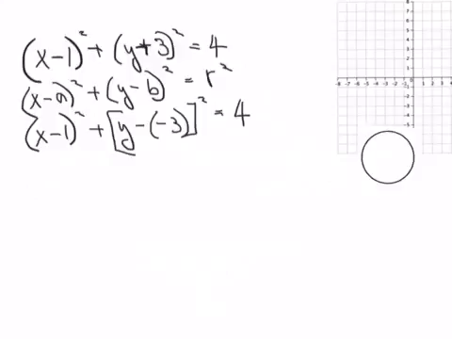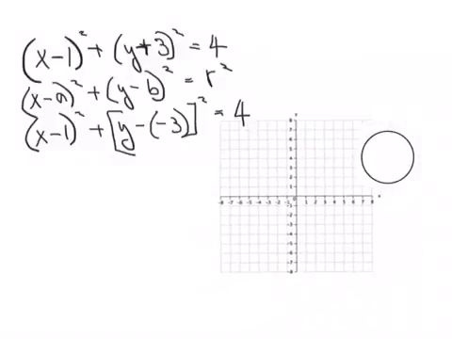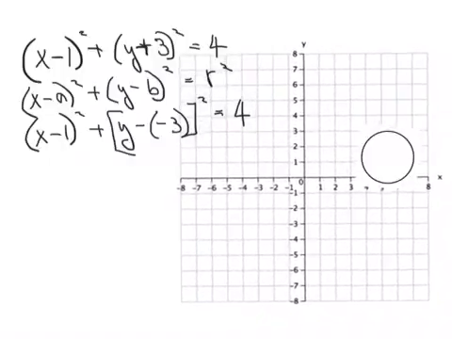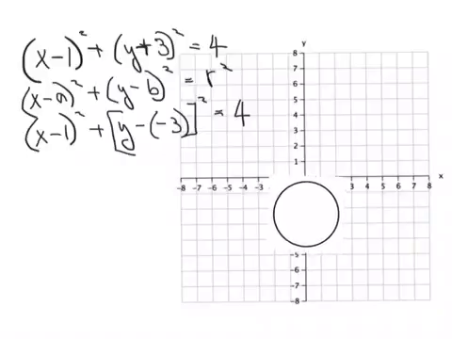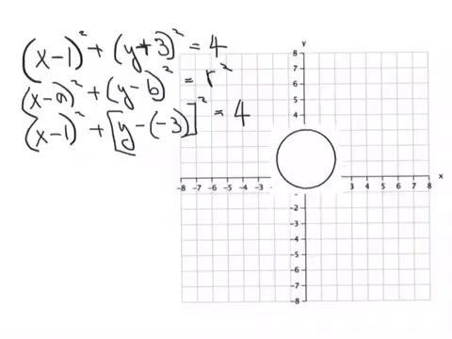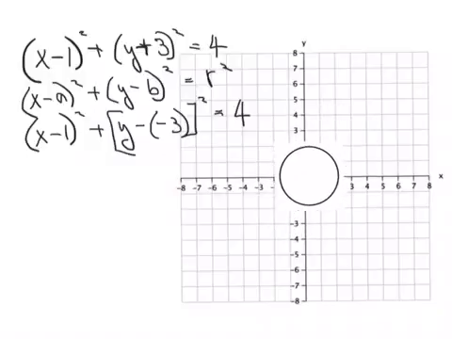We're supposed to graph this guy. So we're going to take that, and we have a radius of 2. So we're going to make that a little bit bigger so that we get a radius of 2. And where does it go? Well, we just said that the center of this is 1, negative 3.